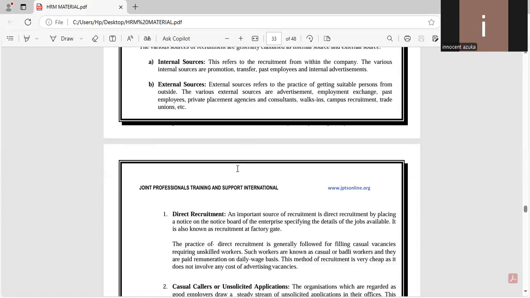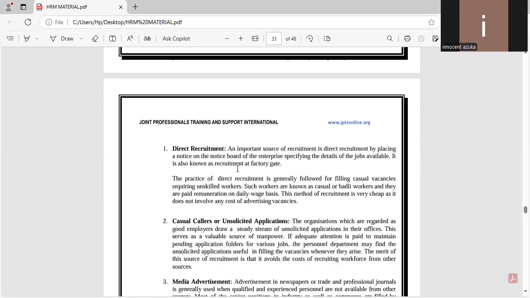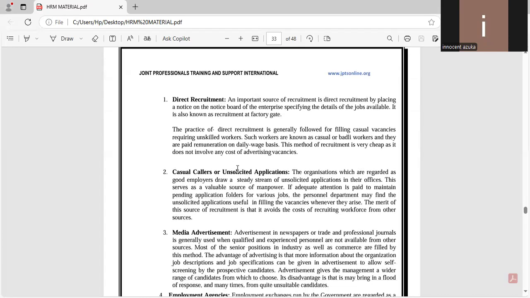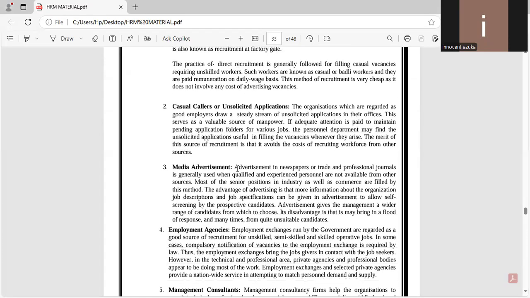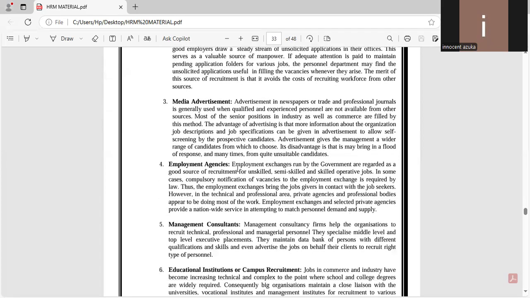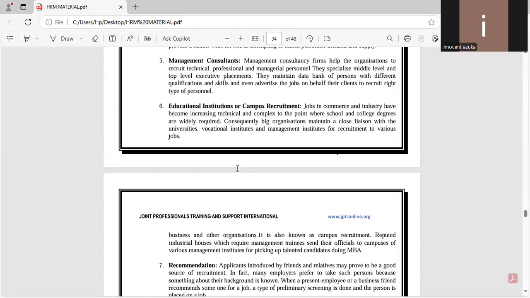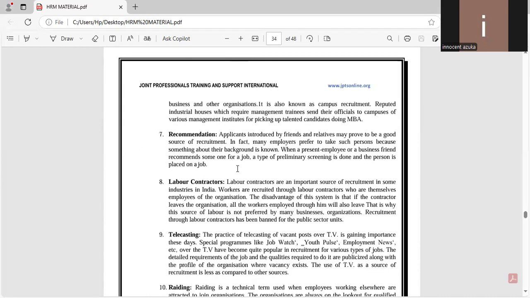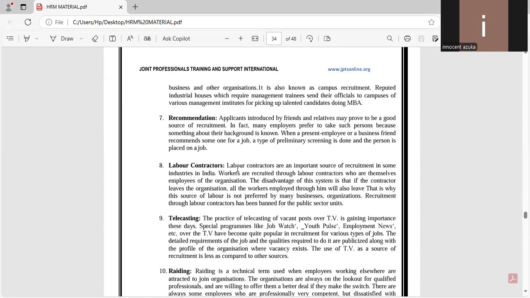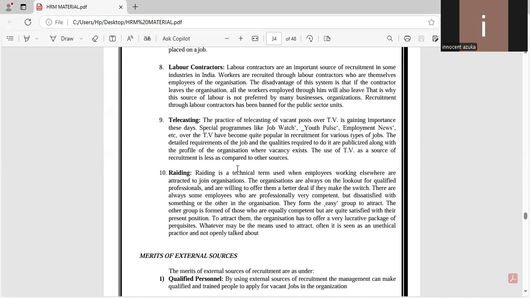Through direct recruitment, through casual callers, through media advertisements, through employment agencies, through management consultants, through educational institutions, through recommendation, through labor contractors, telecasting, and radio.